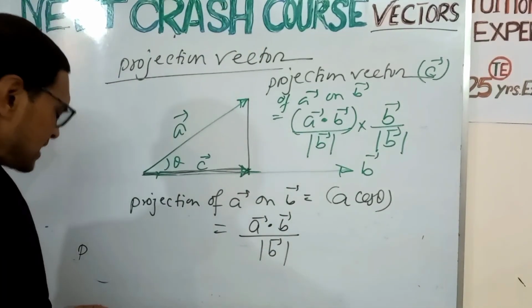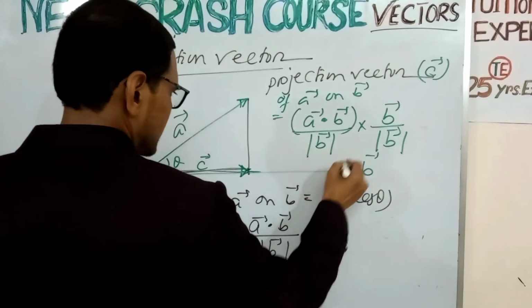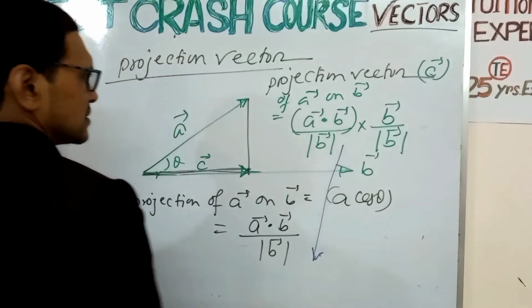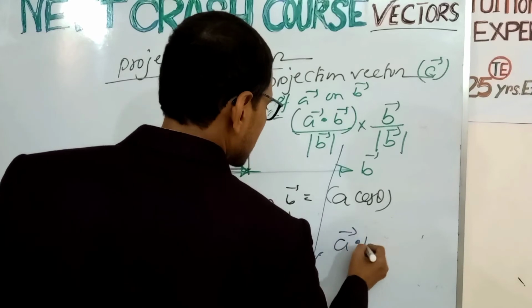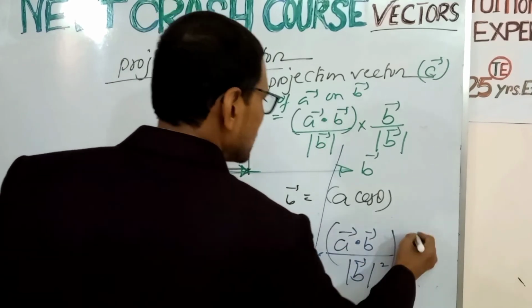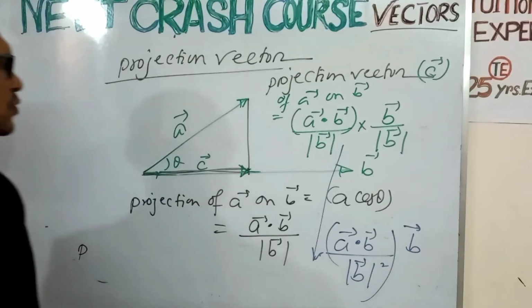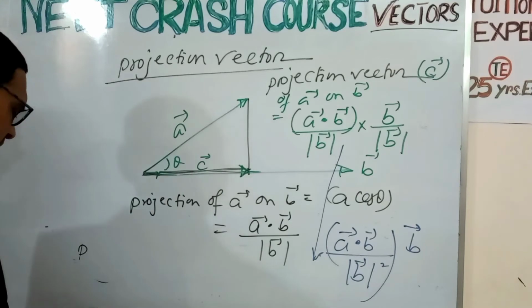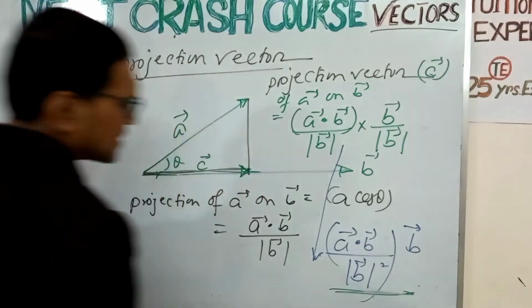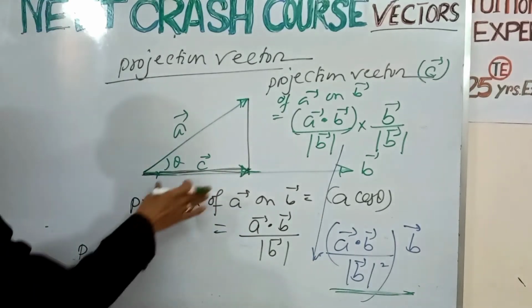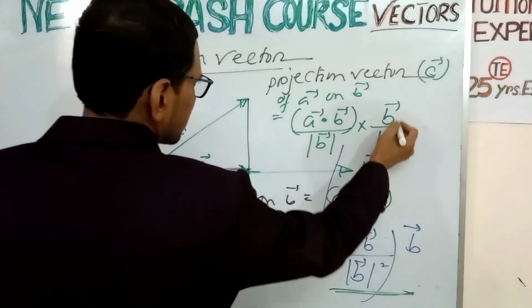So when the projection vector is asked, the answer will be a dot b by mod b square into b. So when you are asked to find the projection vector of a on b, this is the answer in vector form, and only the magnitude is a dot b by mod b.